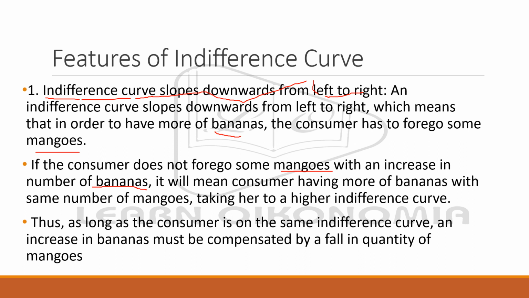If a consumer does not forego some mangoes with an increase in the consumption of bananas, it means the consumer has more bananas with the same units of mangoes. This would take the consumer to what is known as a higher indifference curve.